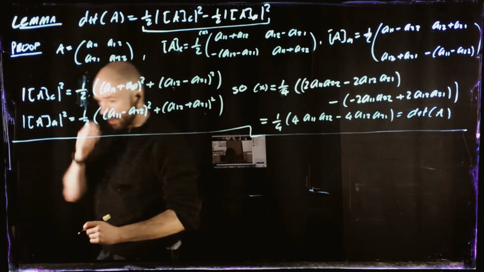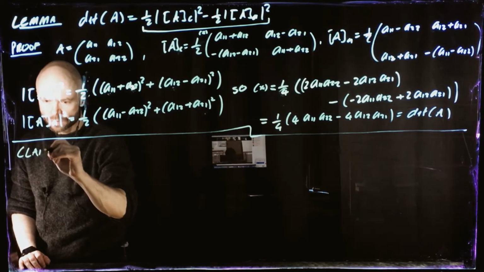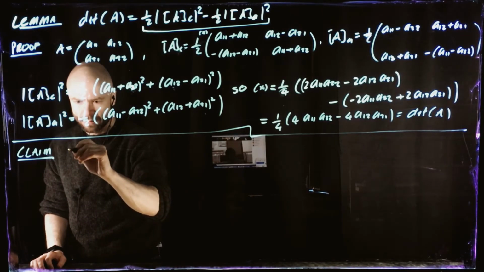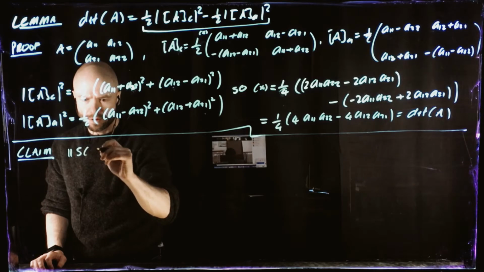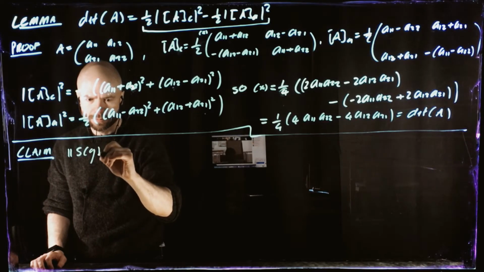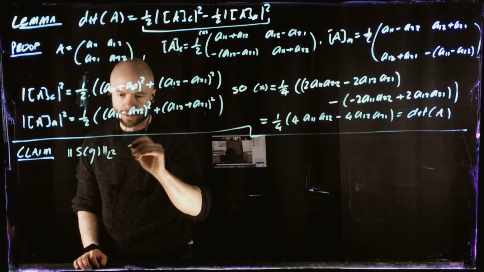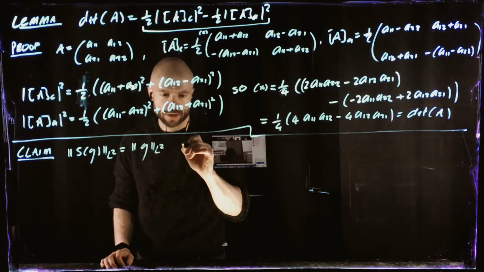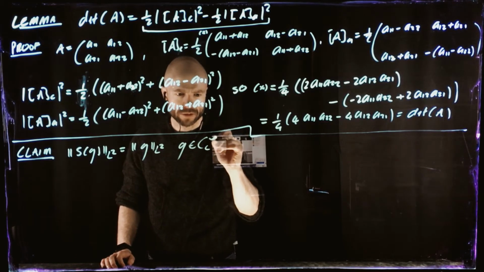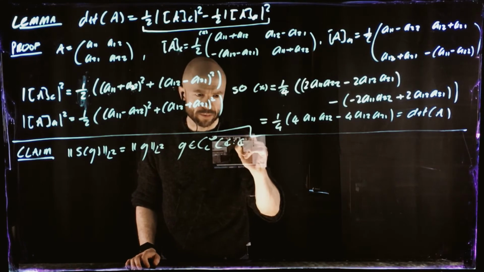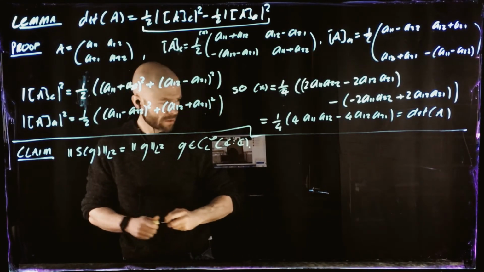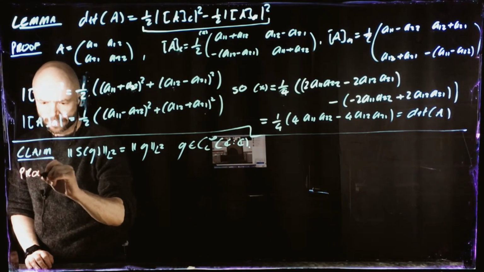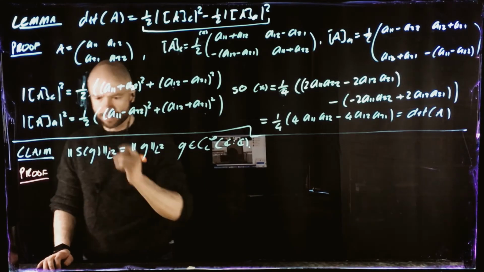Okay, cool. So the claim is that we actually have that the L2 norm of the Beurling transform of any function g is equal to the L2 norm of g, for any g belonging to the compactly supported C-infinity functions from the complex numbers to the complex numbers. Proof.